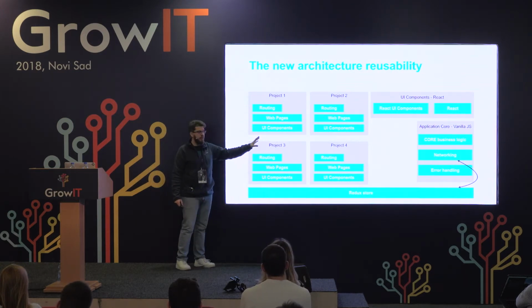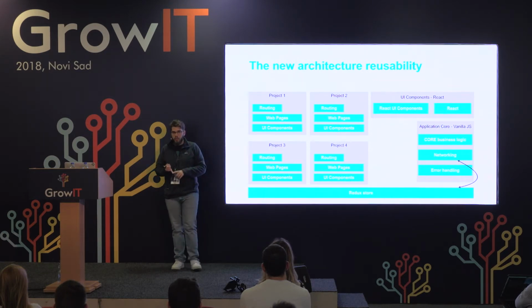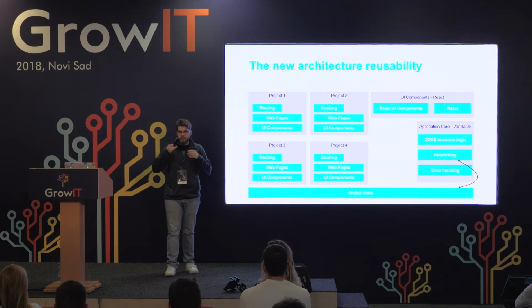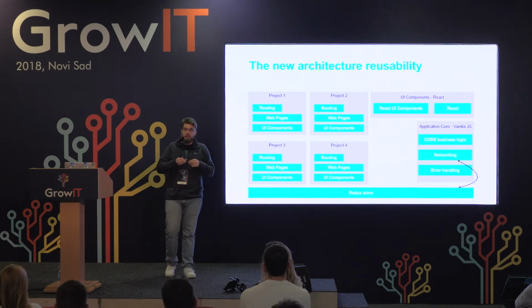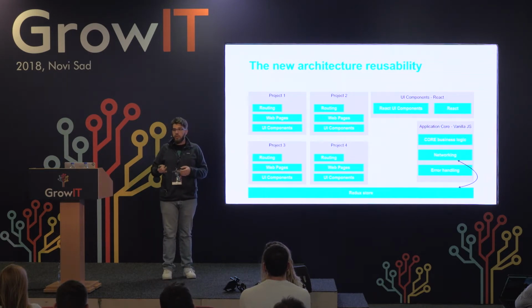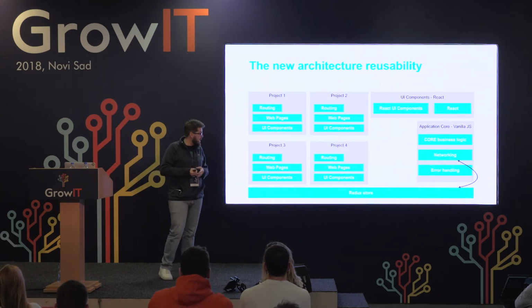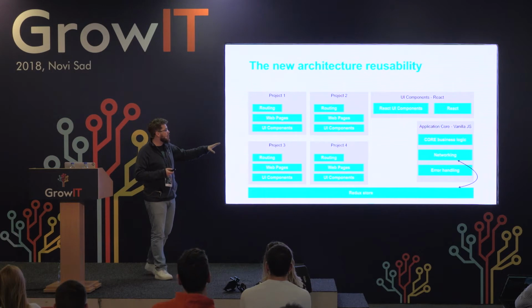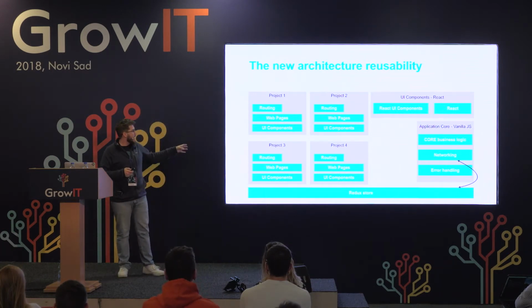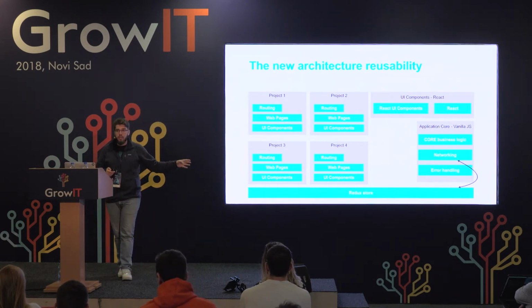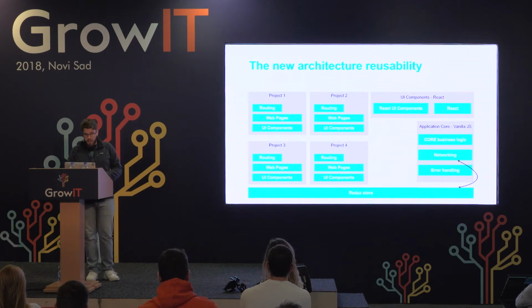You have completed components. They're all in the same exact design. And again, we're talking about enterprise applications here, so it's expected that everything looks the same. You reuse the core of your applications, and it's much easier to write new projects.